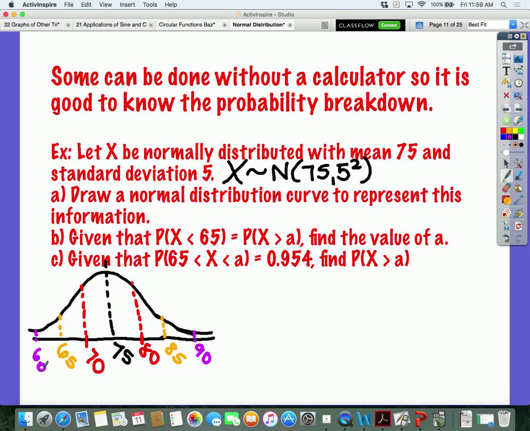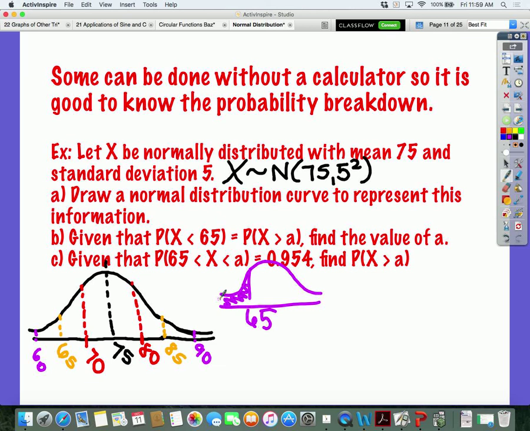Well, less than 65, this is basically what they're asking for. What's that probability? What's that area underneath the curve? And 65 was located on which standard deviation? The second one. Okay? And how much did the second standard deviation make up? 95%.